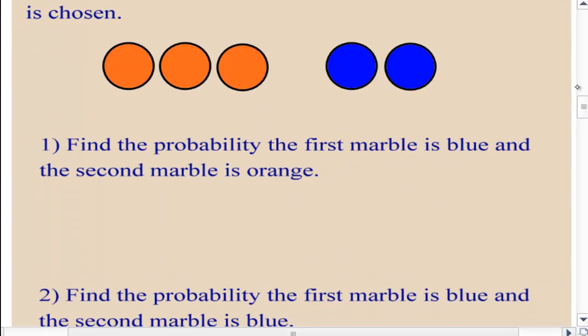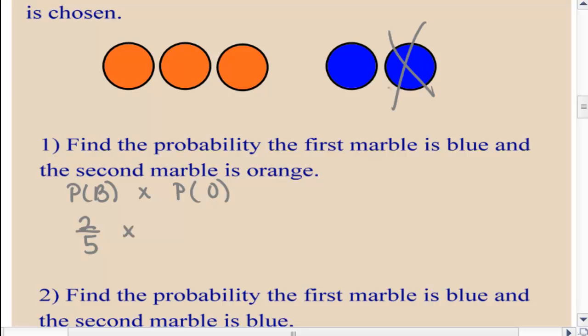So this time, when we find the probability of a blue times the probability of an orange, we'll still be doing that, but our probability of our orange is going to change. So when we take the probability of the blue out, we still have 2/5. Now, that blue marble is gone.